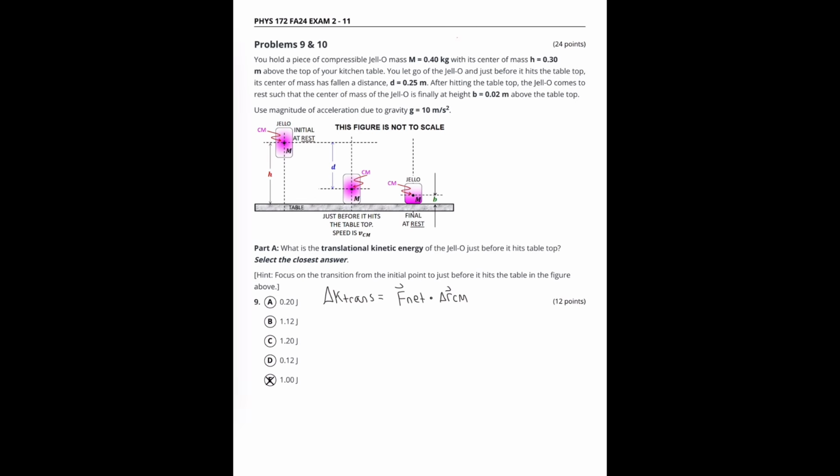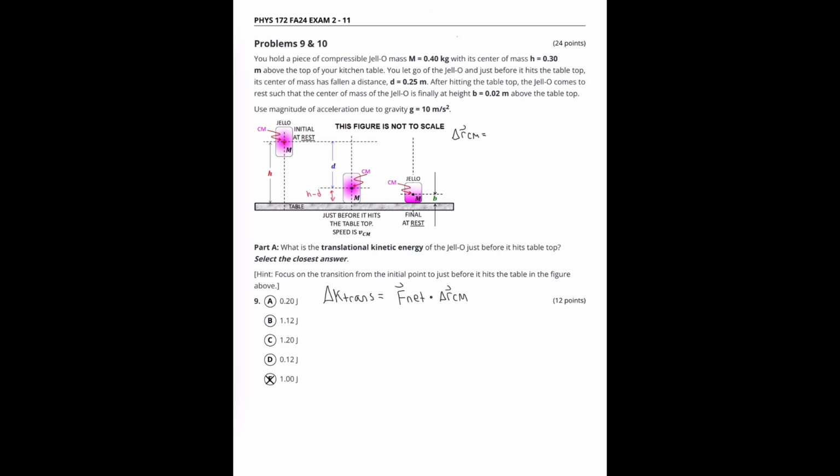So in this scenario, our center of mass starts at H and ends at H minus D. So we can say our change in position about the center of mass is equal to r final minus r initial, which is equal to 0, H minus D in the y direction, 0 meters, minus 0, H in the y direction, 0 meters, which is equal to 0, minus D, 0 meters.